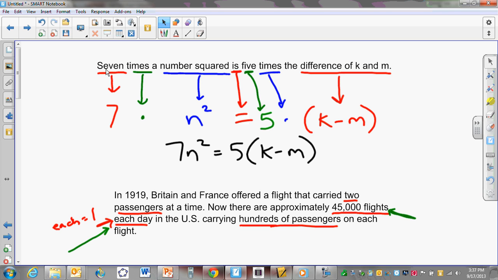So we have 7 times, we're multiplying, a number squared, so n squared. Here's our is, that means it's our equal sign, 5 times the difference of k and m, we put in parentheses. If you wanted to rewrite it, it would be 7n squared equals 5 times the quantity k minus m.